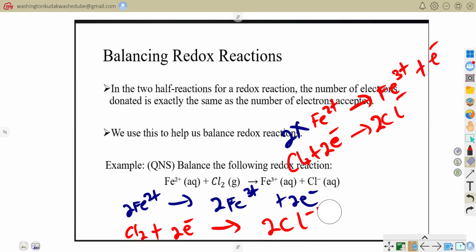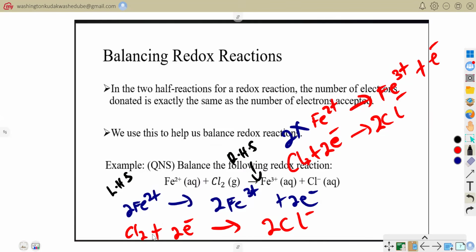So after we now have got what? Balanced half reactions. We now need to combine these two balanced half reactions to make one complete redox reaction. So how do we combine them? We take everything that is on the what? On the left hand side. We combine everything that is on the left hand side and also combine everything that is on the what? On the right hand side.